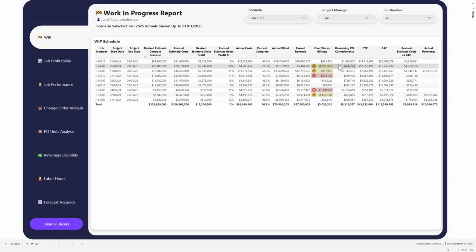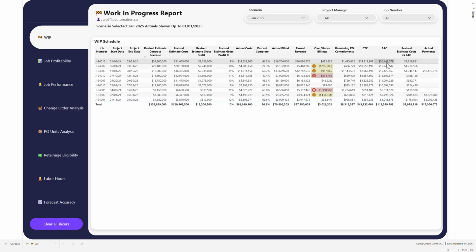We can also see other metrics such as remaining PO commitments. This is essentially the material commitments that we currently have within our system that are yet to be actualized. And then we also have cost to complete and estimate at completion.